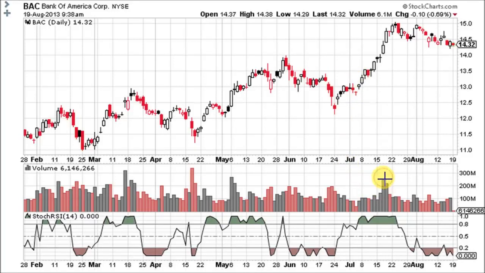And on this day right here, it closed at the highest close on the chart, right up in this area above all levels of resistance. And that's exactly what you want to see, huge, increasing volume as a stock becomes bullish above 0.5 and as it breaks above old resistance levels and forms a bullish chart pattern.